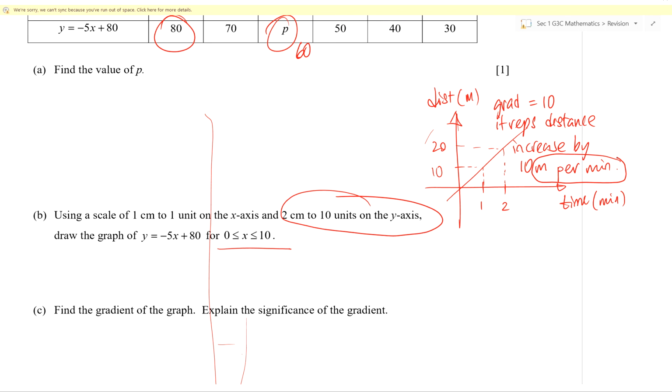It starts with S. Speed. Meters per minute, meters per second, kilometers per hour: distance divided by time. That is related to our gradient. Okay, so this is another possibility of a type of question that I can ask you. So you can explain it this way, or you can say the gradient represents the speed, which is 10 meters per minute. Okay? So this is it for our revision part 4.